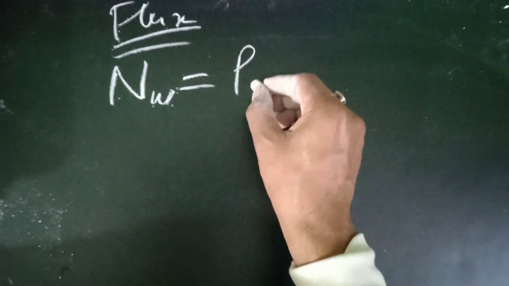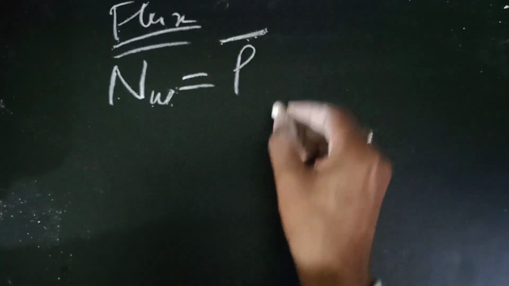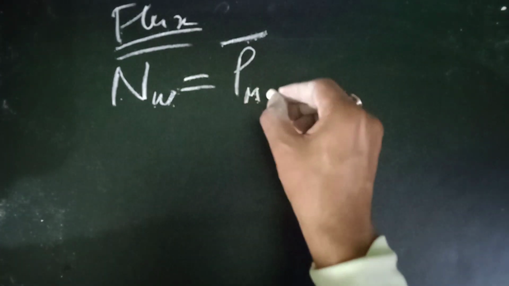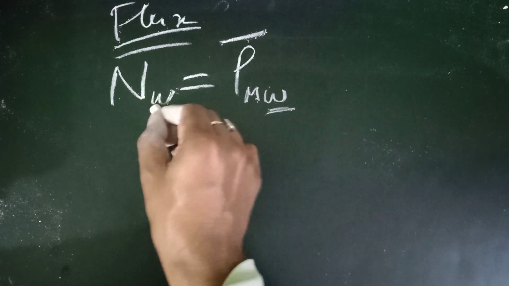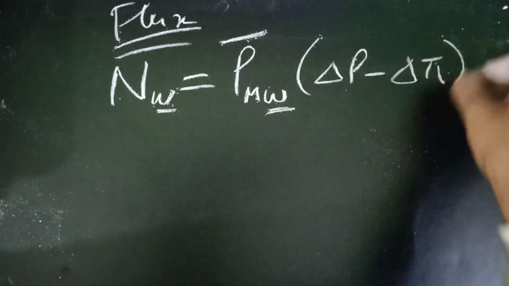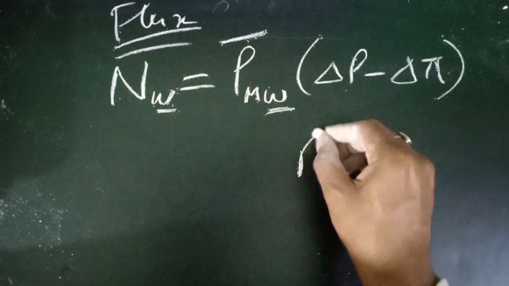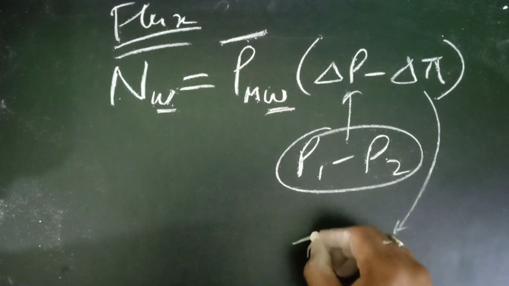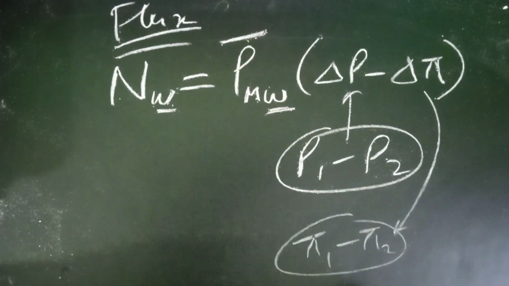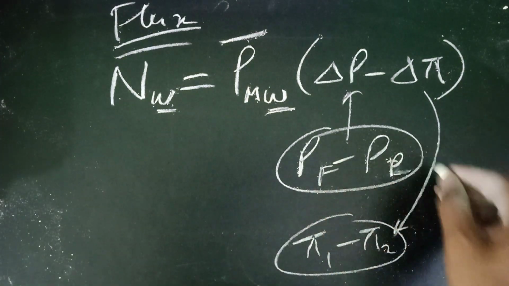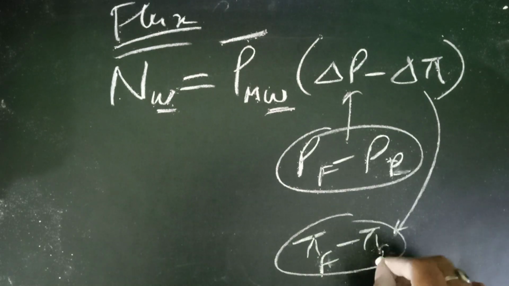So the flux for the water would be the permeance, yes, we are not taking the gradient, but the permeance PMW, W here means water, times the driving force, that is delta P minus delta pi. Delta P is P1 minus P2 and delta pi is pi1 minus pi2, or you can say feed minus permeate.